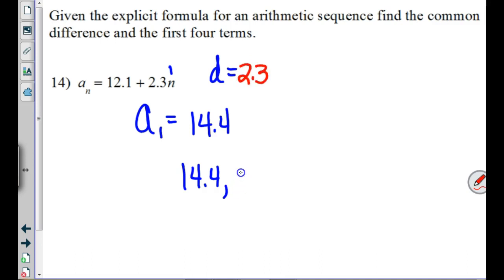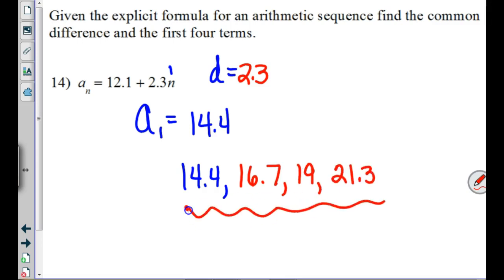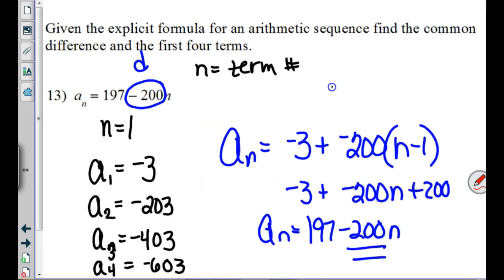You're going to keep adding 2.3. Oh my goodness. 16.7, did I add that right? 18 would be 19. 21.3, how did I do for the next 4 terms? Okay. 13, we should have somewhere written that the difference was negative 200. Everybody good?